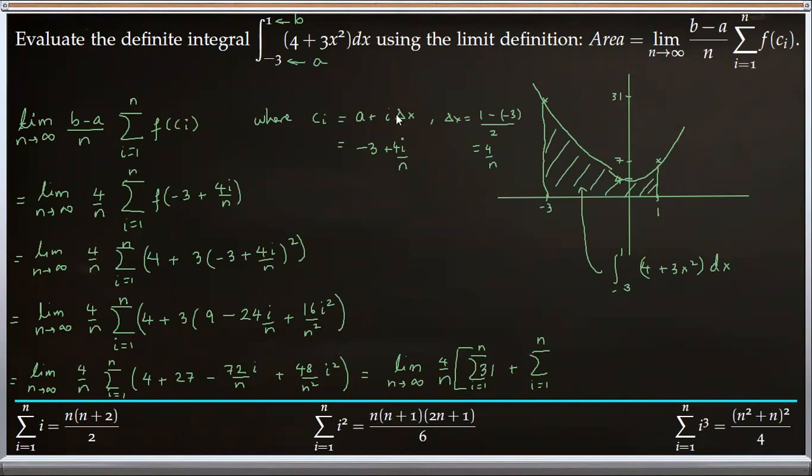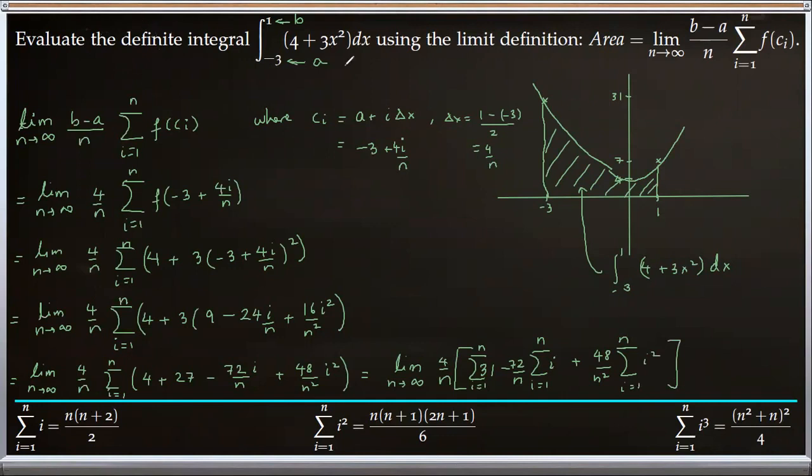Since 72 by n is independent of i, I can pull that out of the summation. So I can write that as 72 by n sum of i over here. And next we have 48 by n squared times summation of i squared. We have this. So now we just need to use these formulas and find these sums.